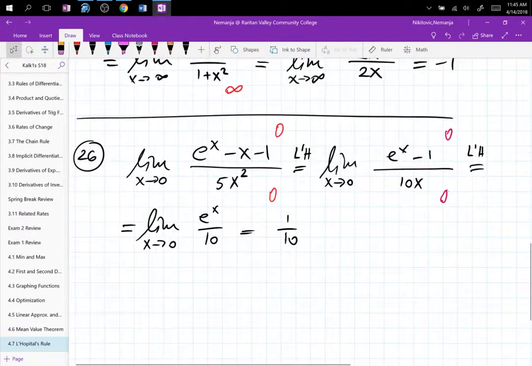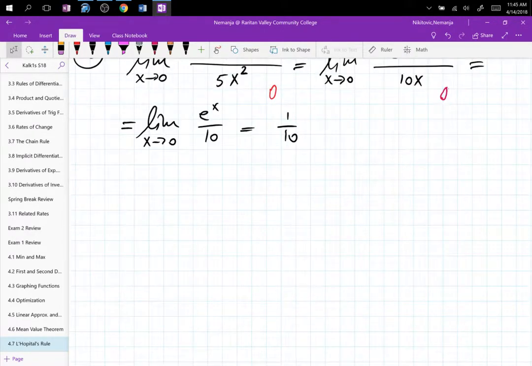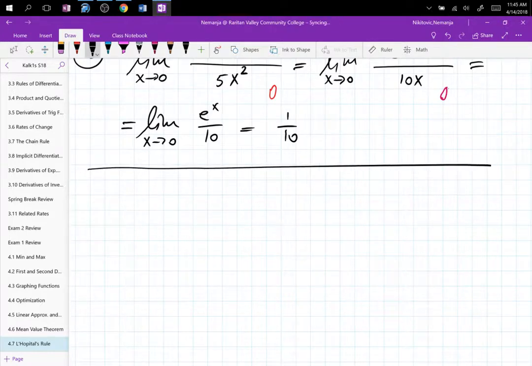So that's the basic idea: if you have infinity over infinity or 0 divided by 0, you can use this method. Now we are going to explore other possibilities, and these other possibilities can be transformed into 0 over 0 or infinity over infinity.